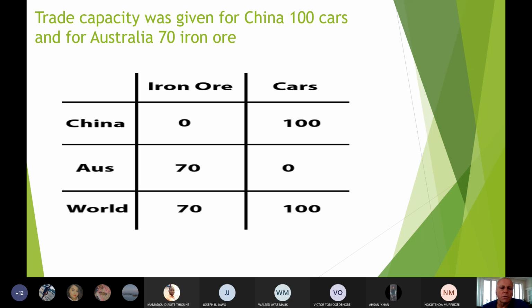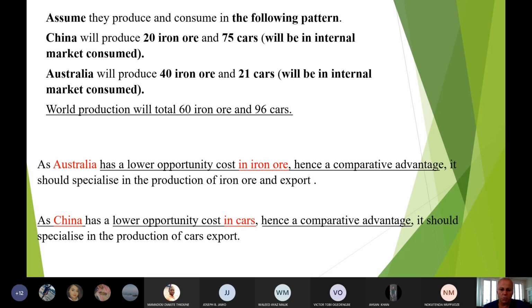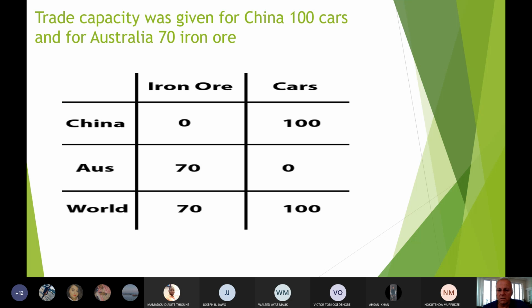When we look at this, we say Australia should specialize in iron ore production, and China should specialize in car production, which is competitive, and Australia in iron ore because the opportunity cost is lower.